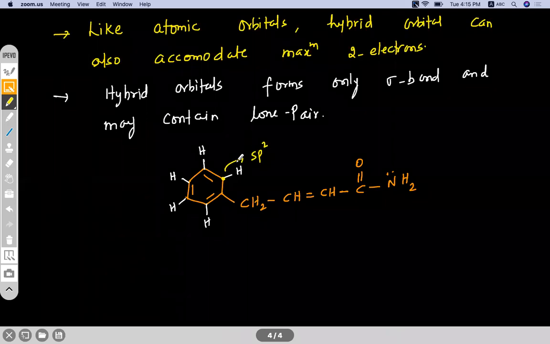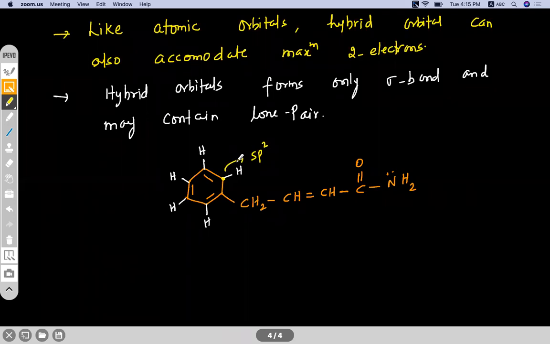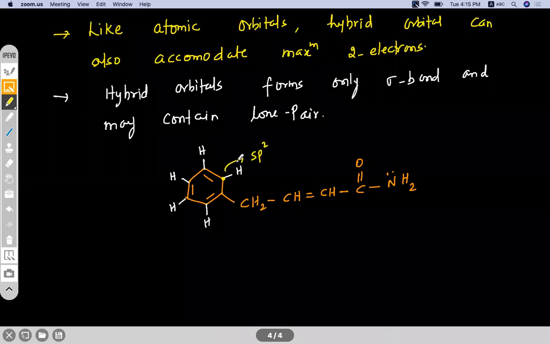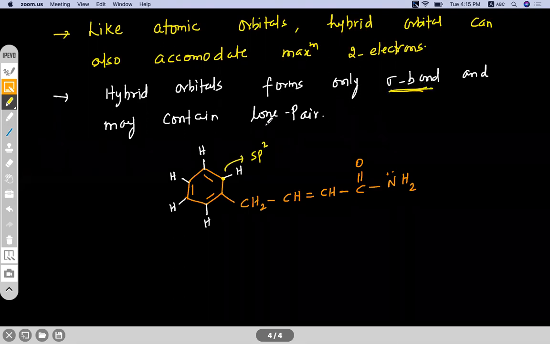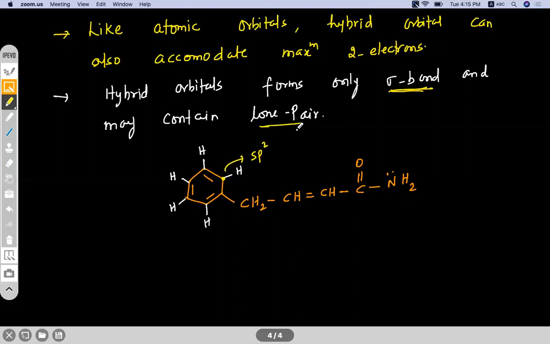So here you can understand the reason why we are counting only sigma bonds and lone pairs. The reason is that the hybrid orbital forms only sigma bonds. It can never form a pi bond, and it may contain a lone pair. This is the property of hybrid orbitals.